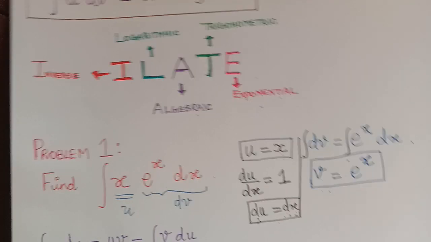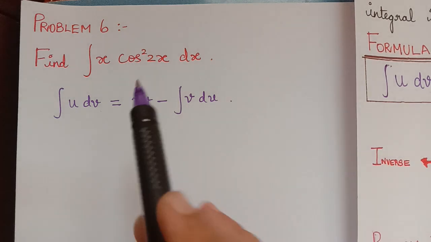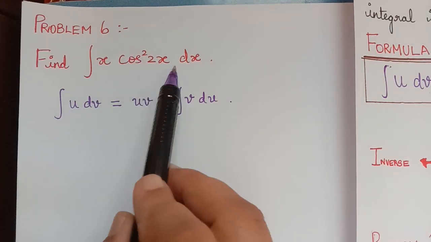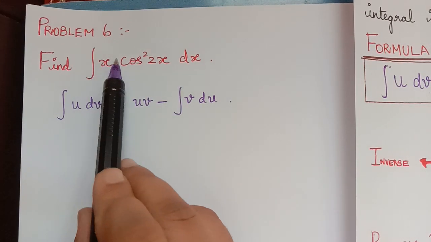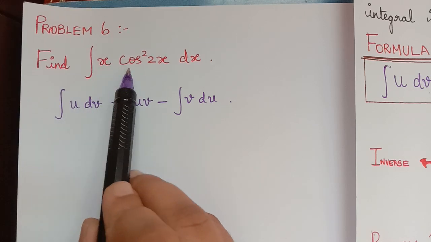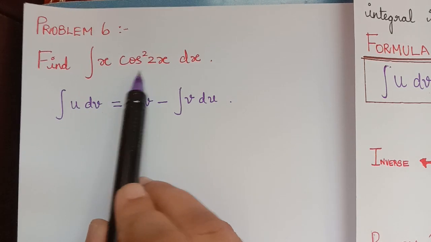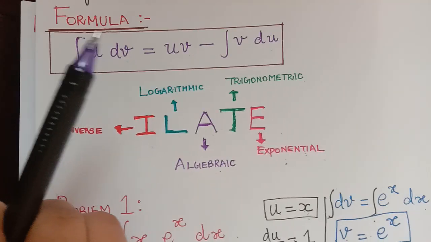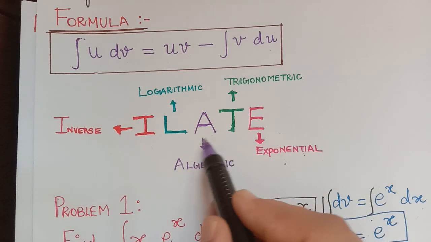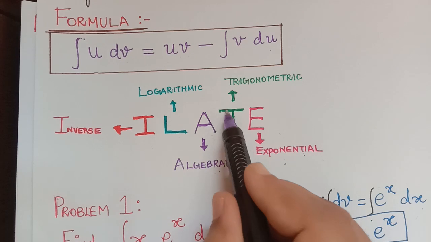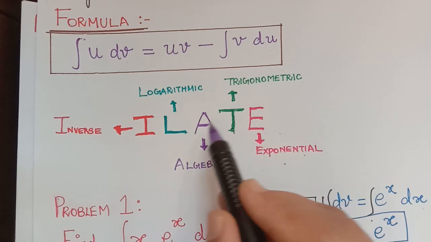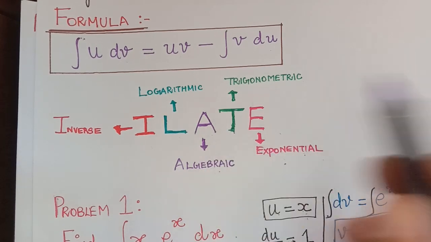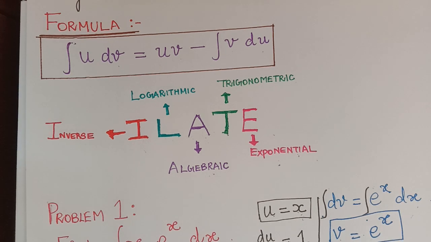Now, the two functions here are x and cos squared 2x, where x is an algebraic function and cos is obviously a trigonometric function. The algebraic function comes first, after that we have the trigonometric function. So because algebraic comes first, the choice of u should be the algebraic function.